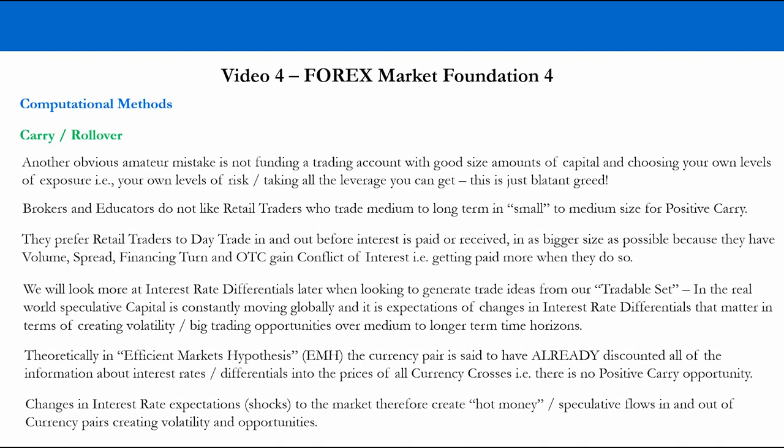And theoretically, if you've ever heard of this, the efficient markets hypothesis, which basically states that all information in financial markets is discounted into the price of the asset already. Spend some time online having a look at that. But theoretically, in efficient market hypothesis, the currency pair is said to have already discounted all of the information about interest rates and differentials into the prices of all currency crosses.